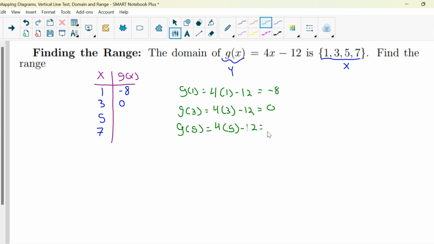Minus 12 gives me positive 8. And then finally, g of 7 would be 4 times 7 minus 12. 4 times 7 equals 28. Minus 12 gives me a positive 16. So that would be my output value.